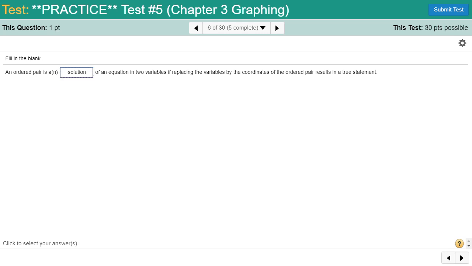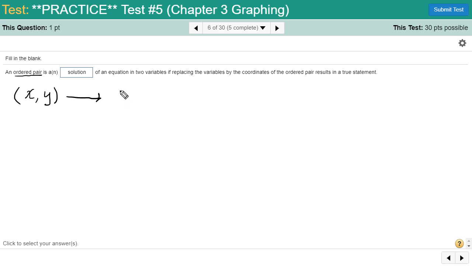And again, just to reiterate what this question is referring to, we now know after having reviewed the previous question that an ordered pair is, remember, an x comma y. It's a single point on your grid. What this question is referring to is that an ordered pair, a point, is a solution to an equation if we can take this point, plug it into an equation anywhere we see an x and a y, and get a true statement.